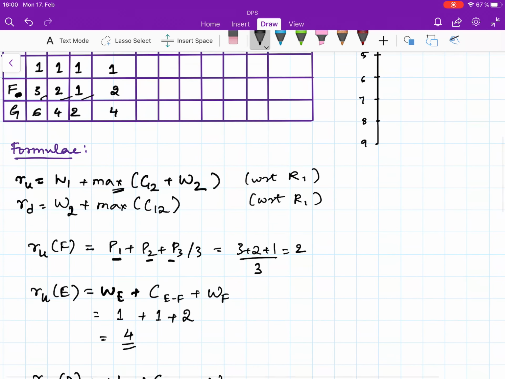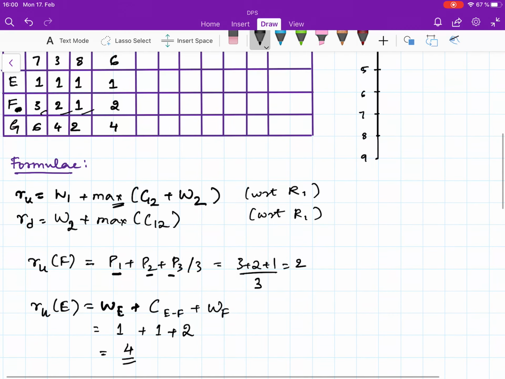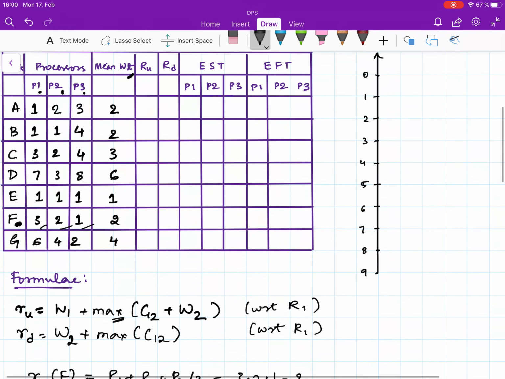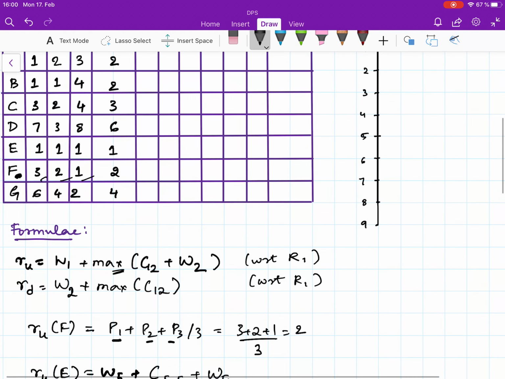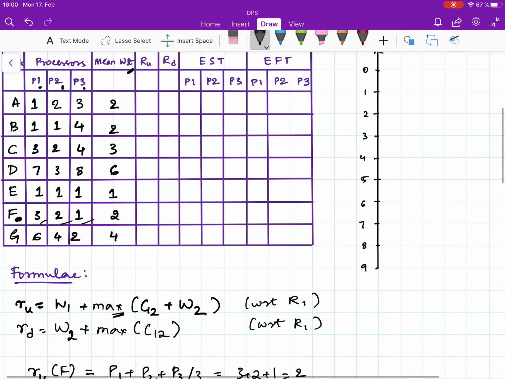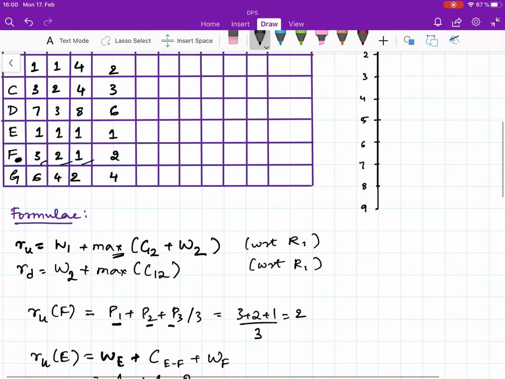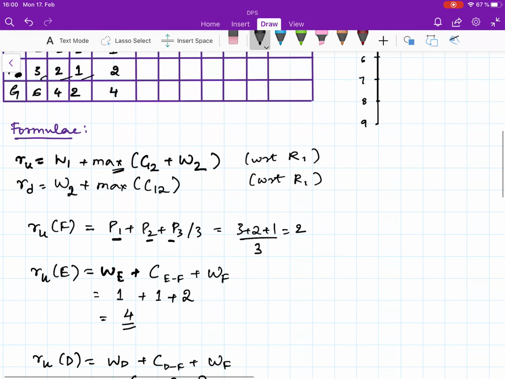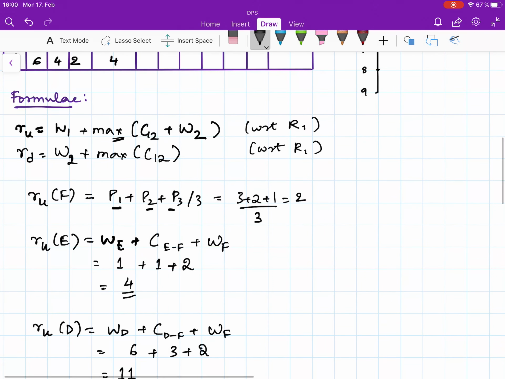Pretty simple, right? So weight of E plus communication cost between E and F, and then weight of F. If you see it from the table, weight of E would be 1, and communication cost between E and F would be given in the diagram, which is again 1, and then the weight of F, which is 2. So 1 plus 1 plus 2 is 4.